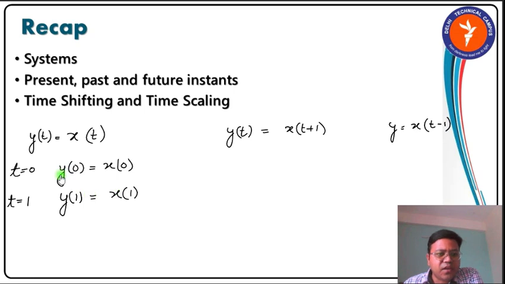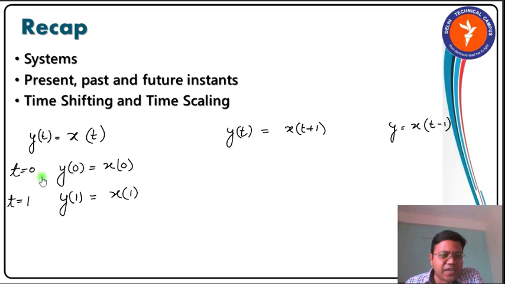This equation is saying that the output at t equal to 0 will be dependent on input at t equal to 0. That is, output at any instant is depending upon the input at the same instant.